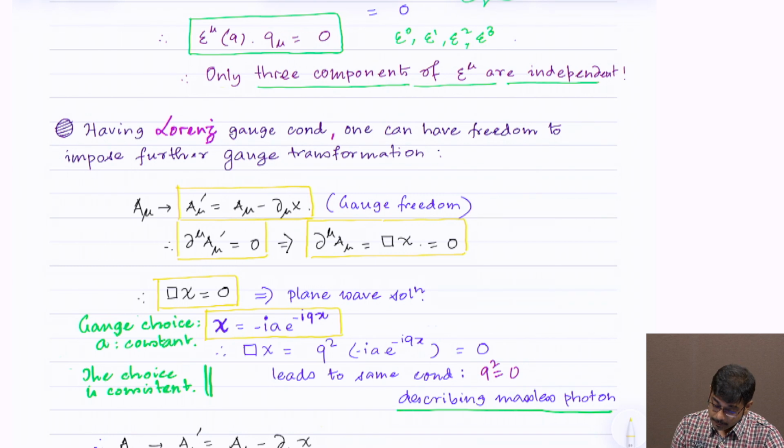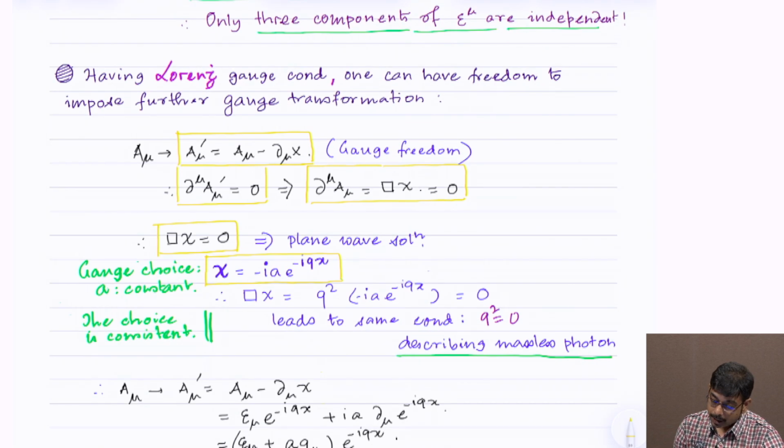Okay? Now, if I do that, what will be box of chi? Box of chi will be q square into minus I a e to the power minus I q x equal to 0, which leads to the condition that q square equal to 0, and that is once again confirming that you are talking about something which is massless. You are talking about the massless photon.